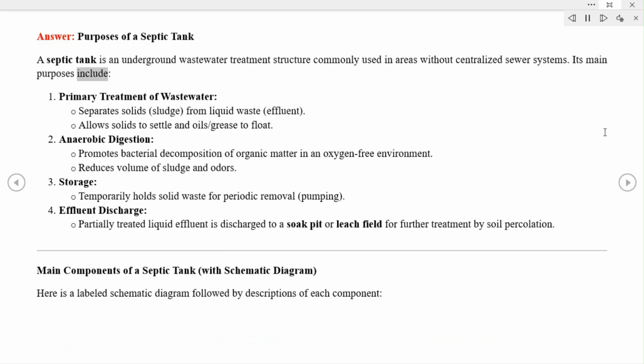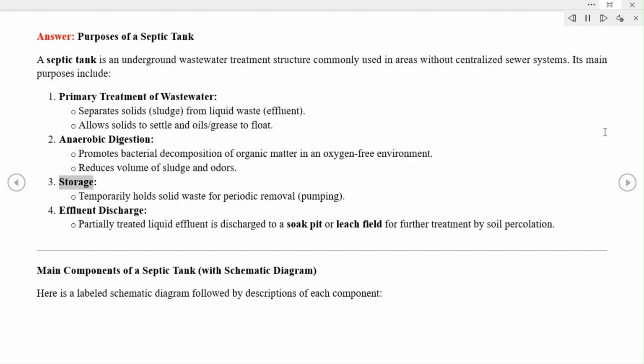Its main purposes include primary treatment of wastewater, which separates solids (sludge) from liquid waste (effluent), allowing solids to settle and oil/grease to float. Anaerobic digestion promotes bacterial decomposition of organic matter in an oxygen-free environment, reducing the volume of sludge and odors.